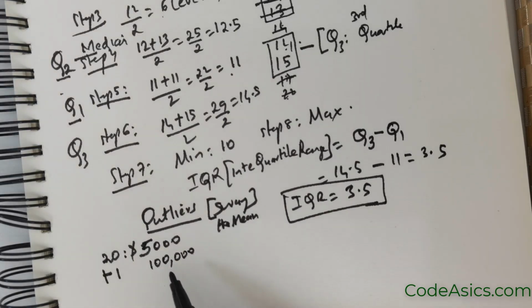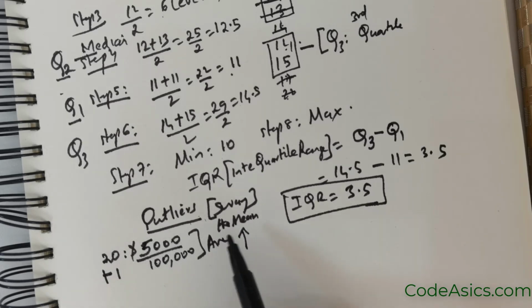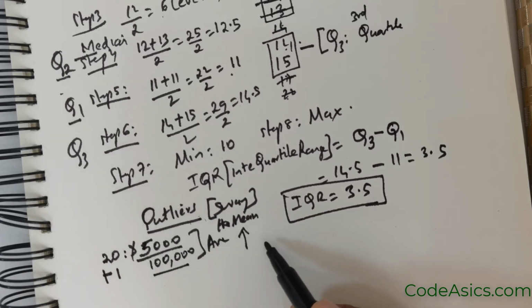Now if you were to put this 100,000 in and find the average salary, do you think the average salary is going to be 5,000? No, the average salary would be far greater than 5,000. So what is the meaning of this? This means that this particular entry is actually giving us a wrong picture. What is the wrong picture?